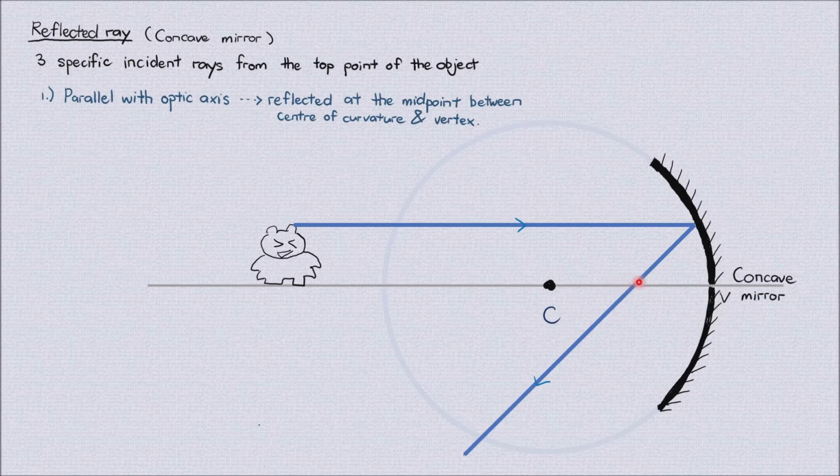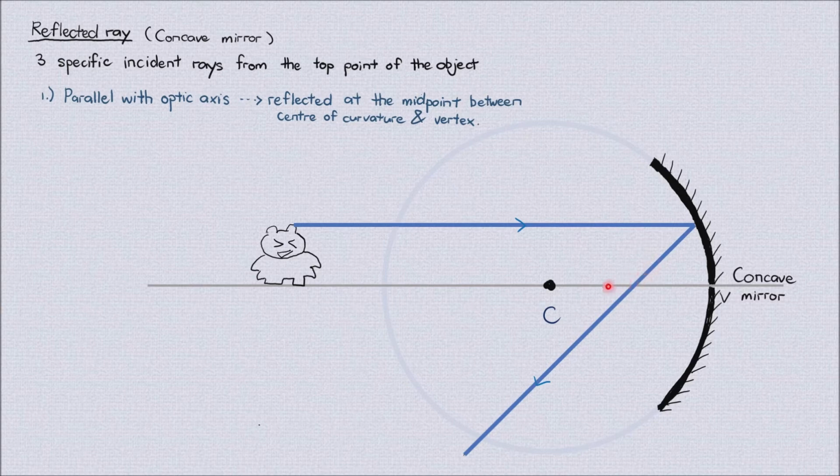Okay, so this point over here is the midpoint between the center of curvature and the vertex. And if you try to draw the normal line, it will be pointing like this, and you'll see that it makes sense. The angle here will be the same as the angle here.